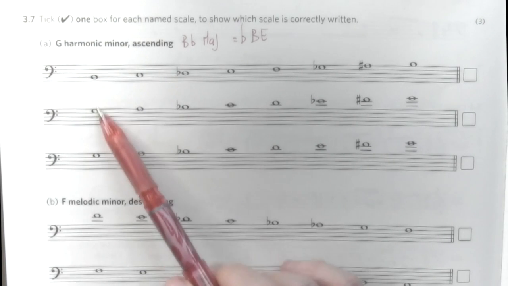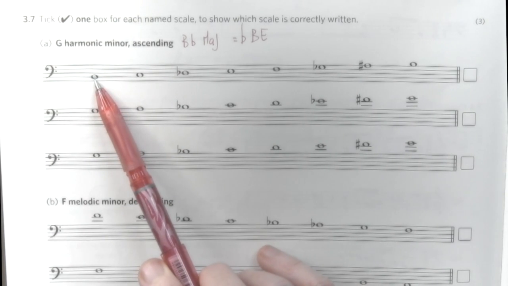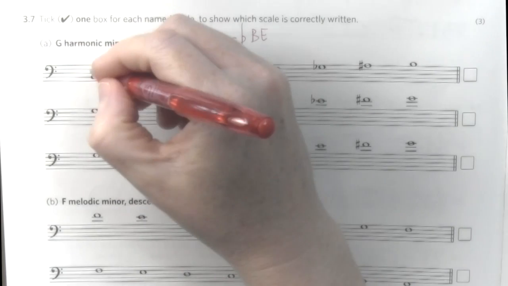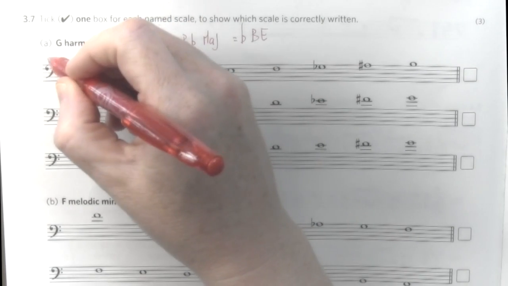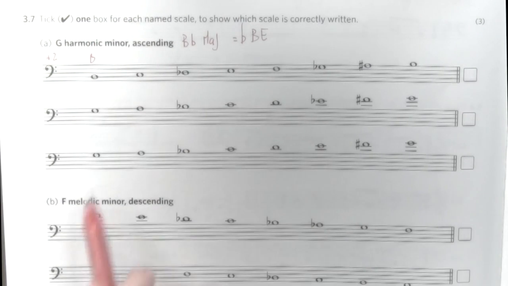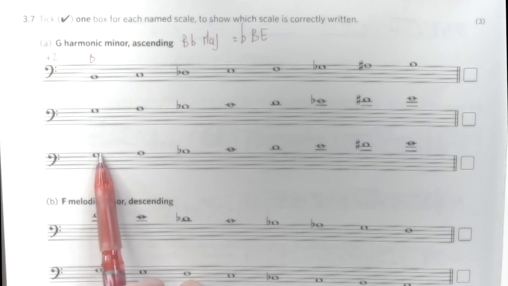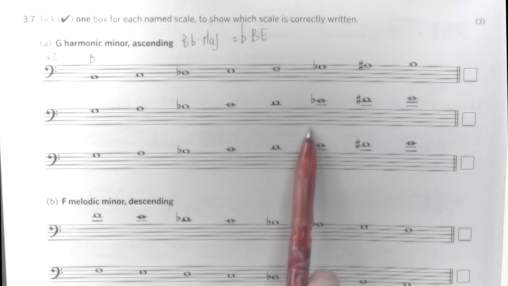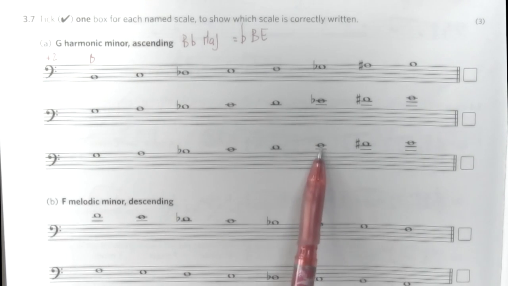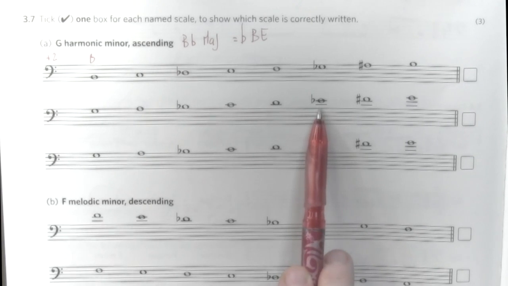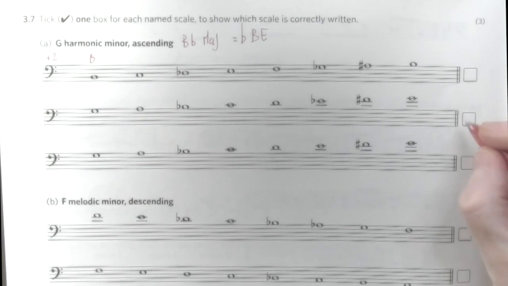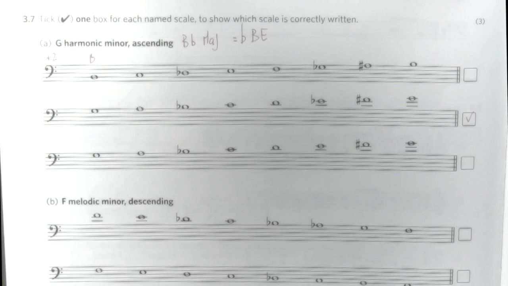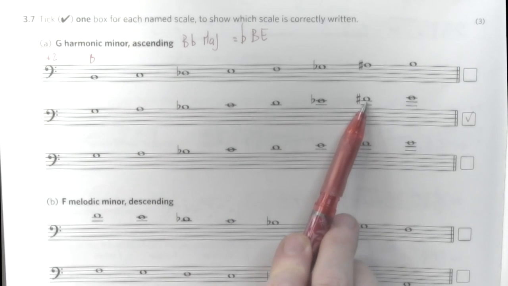Now, I think we need to see where we start from. This is Sol in treble clef. So this is B in bass clef, because Sol plus 2, right? So this is incorrect. This is Sol and this is Sol. So what is the difference between these two? Here it's missing, E flat is missing. So the only right answer is this. Perfect. We have 2 flats and the raised leading note.